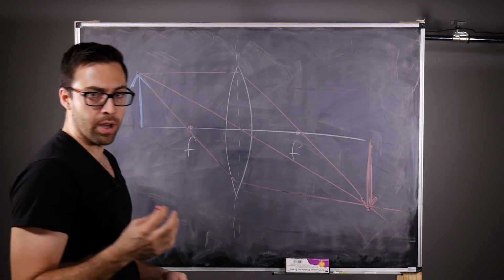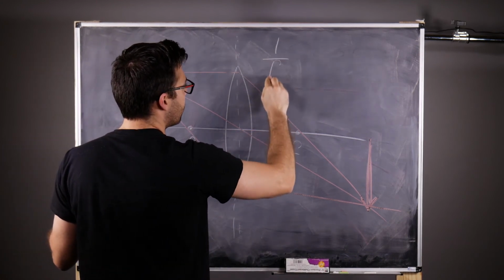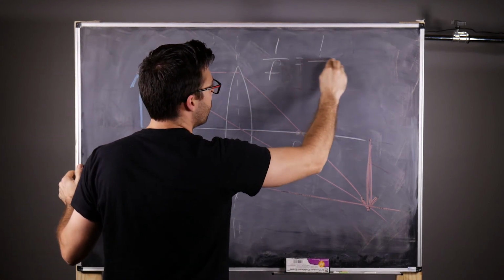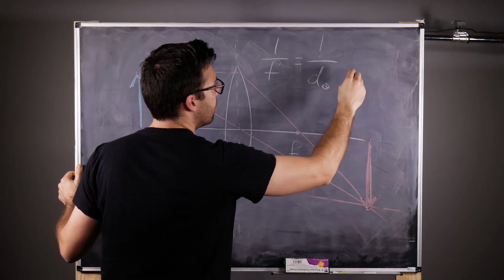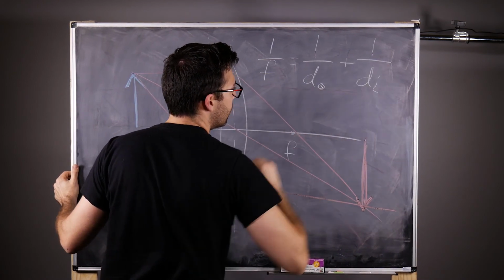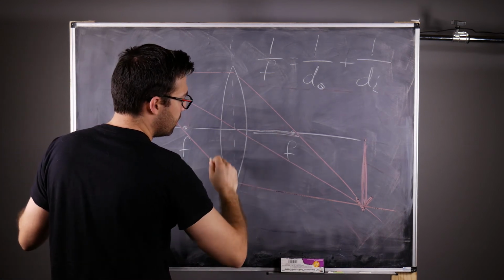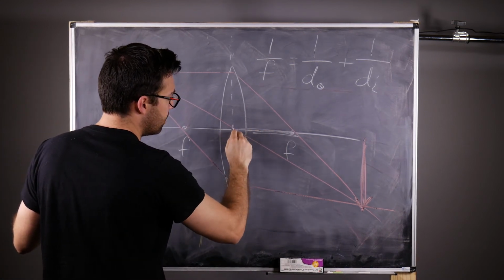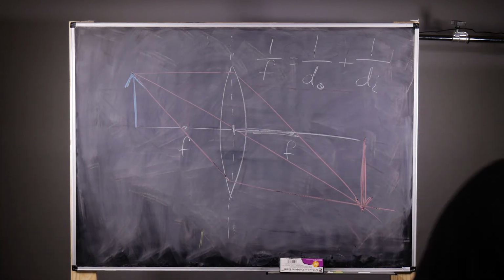There's actually a very interesting relationship between all of these factors, and that is the thin lens equation, which is defined as 1 over the focal length is equal to 1 over dO, which we're going to call the distance to the object, plus 1 over di, which is the distance to the image. So from here to the center of the lens is F. Let's get some more colors.